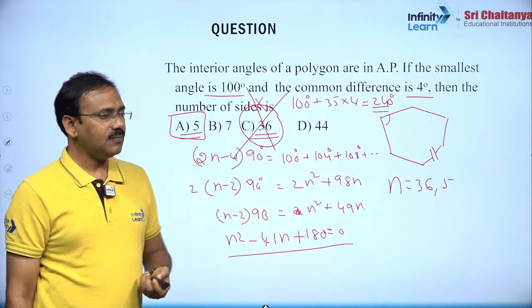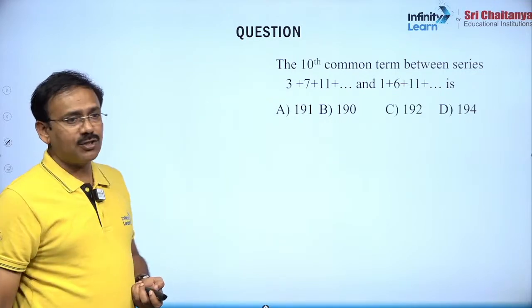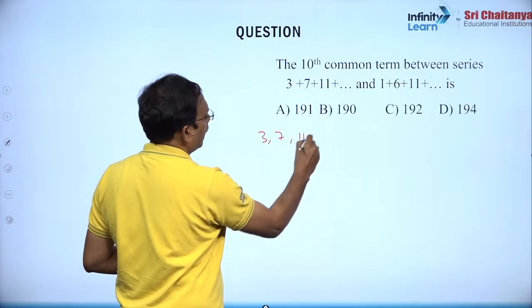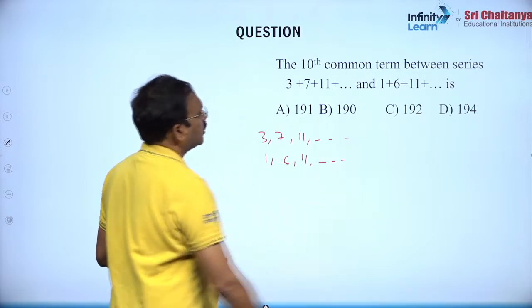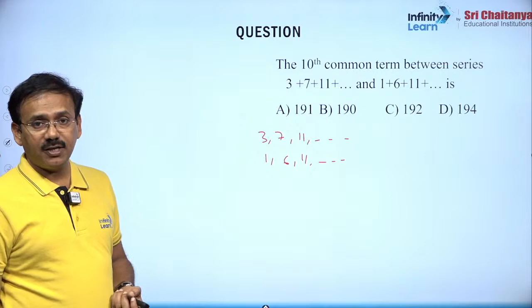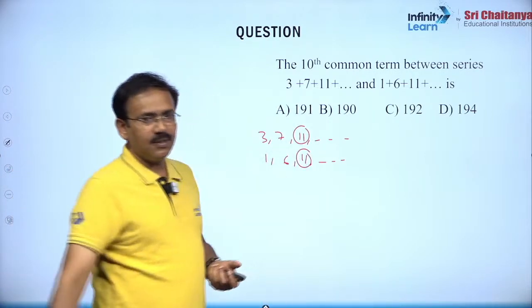Okay. Now a common term related problem. This is also important. He has given an AP 3, 7, 11 and so on, and 1, 6, 11 and so on. So he is talking about the 10th common term. If you want the common term of two particular APs, first find the first common term, 11.